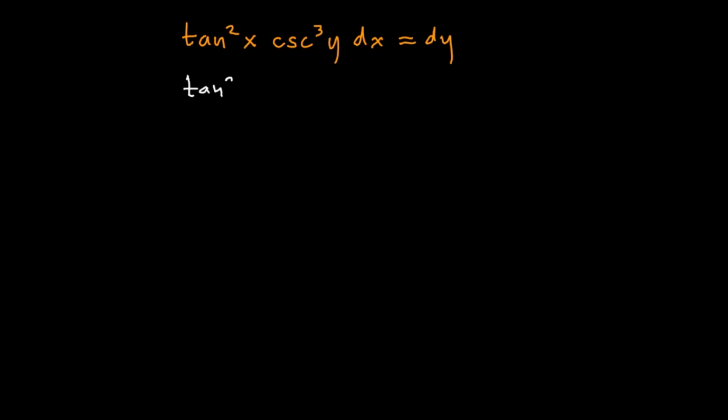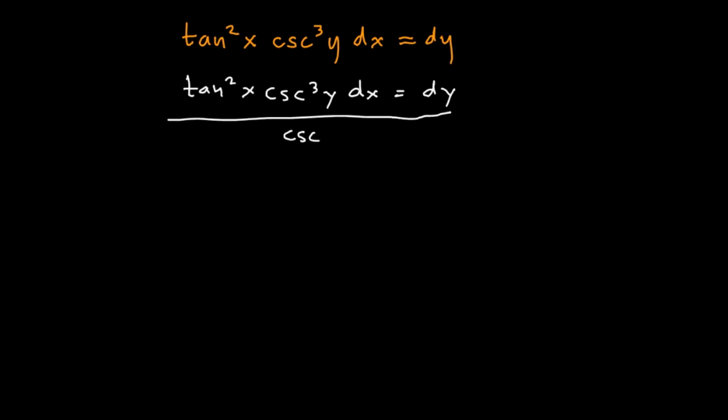Tangent squared x cosecant cube y dx equals dy. Okay? Then, divide natin both sides by cosecant cube y. Okay, so we have tangent squared x dx equals dy all over cosecant cube y.